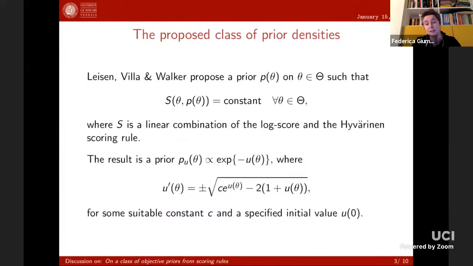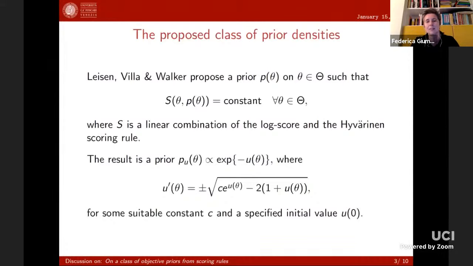I think that the Hyvärinen scoring rule is quite important because it involves first and second derivatives of the prior. So it gives rise to non-trivial solutions for the non-constant priors in particular. Okay, so that was the first point.